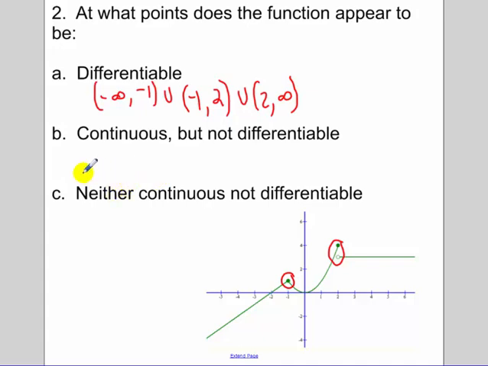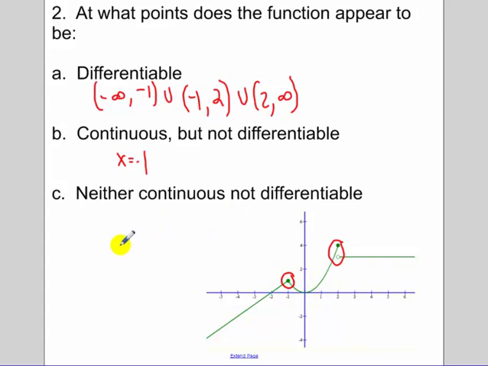Now where am I continuous but not differentiable? That happens at x equals -1. Because at x equals -1, my left and right limits equal the function value, but I can't take my derivative there because the derivative, it looks like, from numbers a little bit less is positive, from numbers a little bit more is going to be something negative.